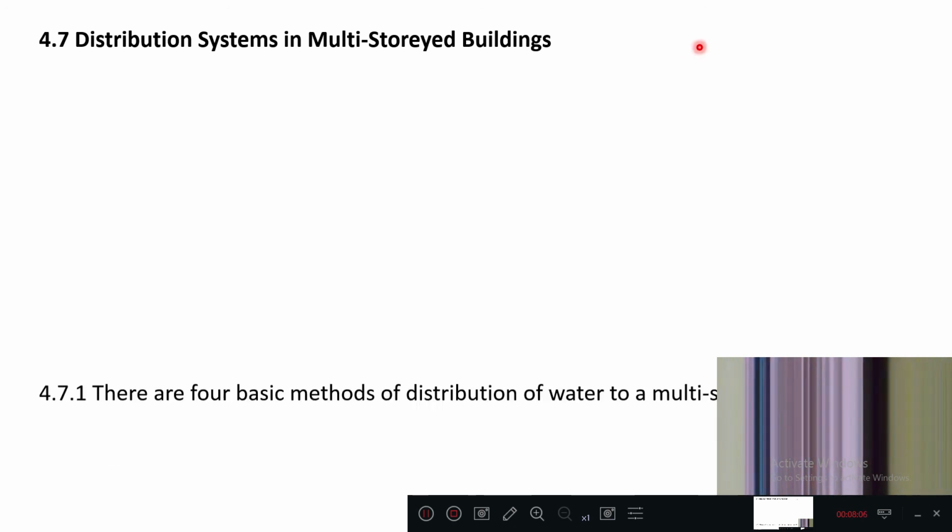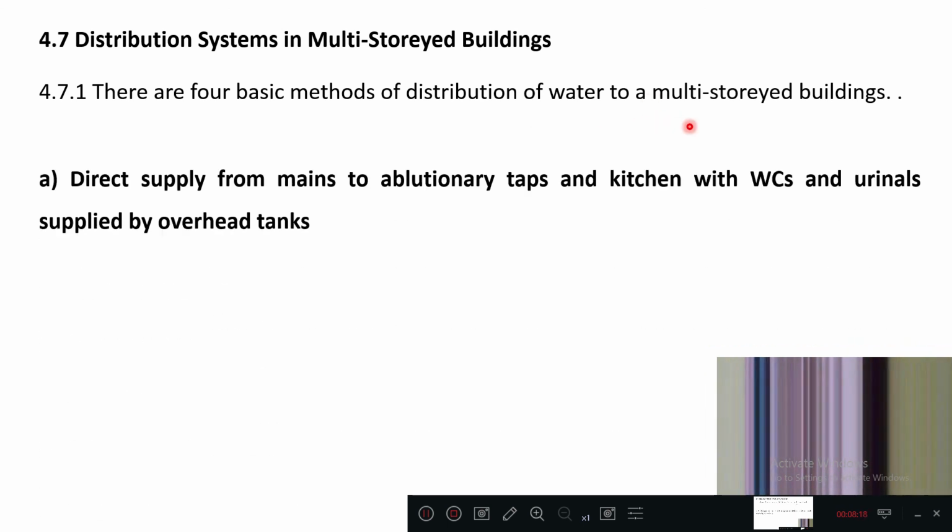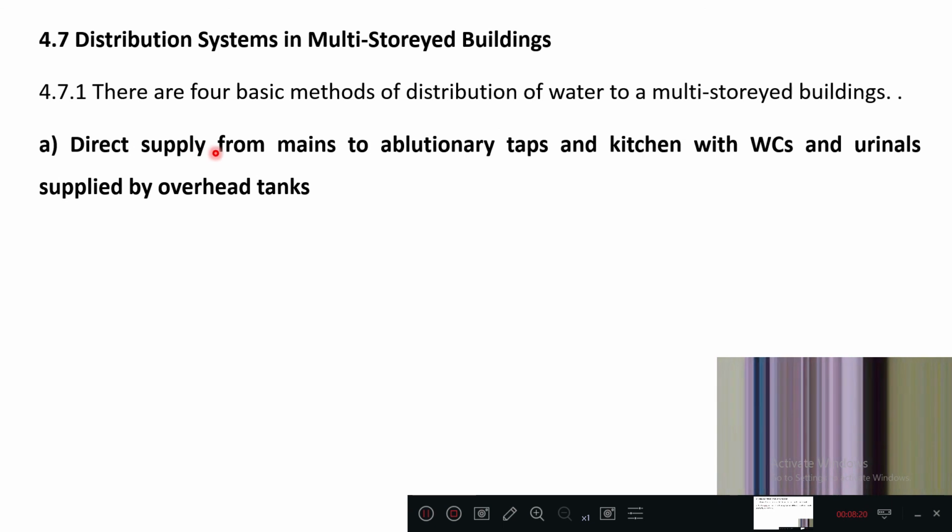Now if you go to distribution in multi-story buildings, what are the methods of distribution? We will see. There are four basic methods of distribution in multi-story buildings. First, direct supply from mains to taps, and kitchen, water closets and urinals supplied from an overhead tank.